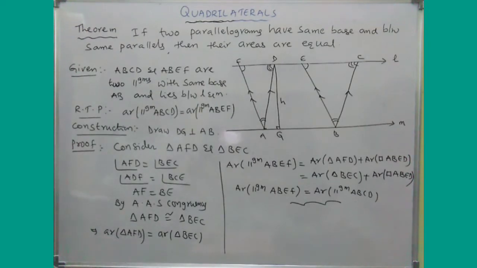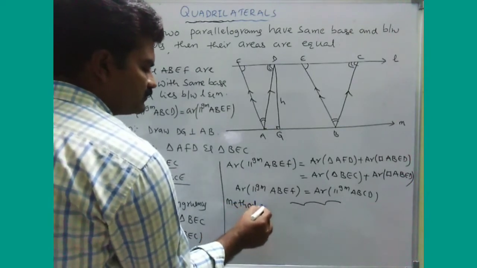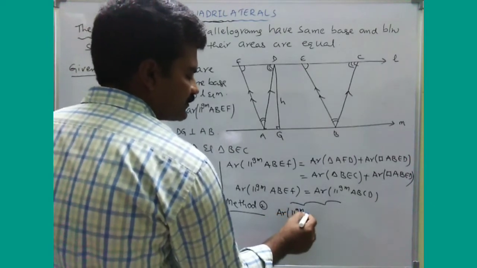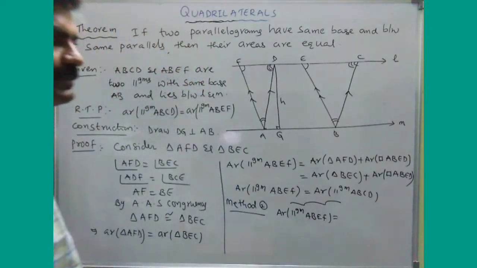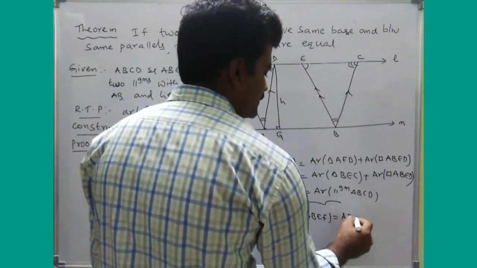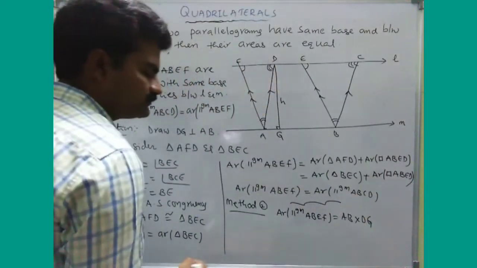So this is method 1, with a proper proof by using congruency rules. Or else method 2, this is very simple actually. See, in general, area of parallelogram ABEF, you know the area of a parallelogram formula, base into height. Base AB into height is DG.